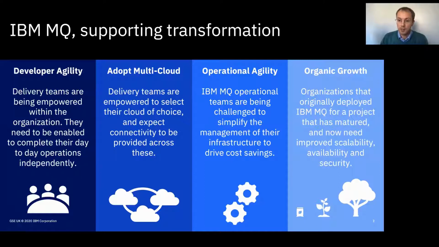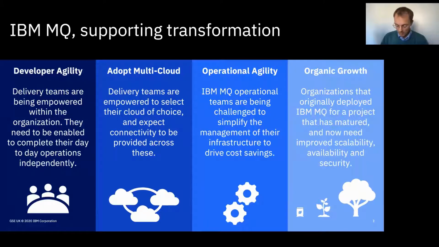And then finally, we're seeing lots of organic growth in organizations to respond to different workload patterns and market trends. Environments which have traditionally been built up over many years are now being expanded and extended for additional scalability, availability, and security.